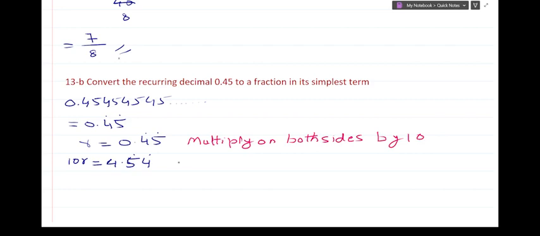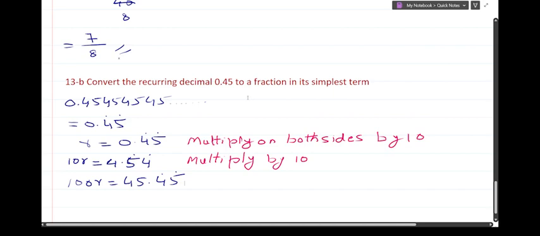Now again we multiply by 10 once more on both sides. We have to keep multiplying by 10 on both sides until the recurring decimal comes to the left of the decimal point. You can see that now 45 is before the decimal point: 45.45.